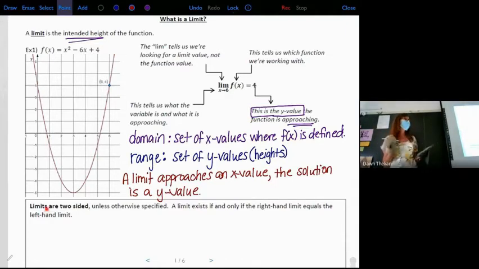Limits are two-sided unless otherwise specified. So how would I specify that it was coming in from another way? Well, I would use a little plus or a minus for from the left, from the right. So let's write out this notation. Now we can practice writing our limit notation: the limit as x approaches a.